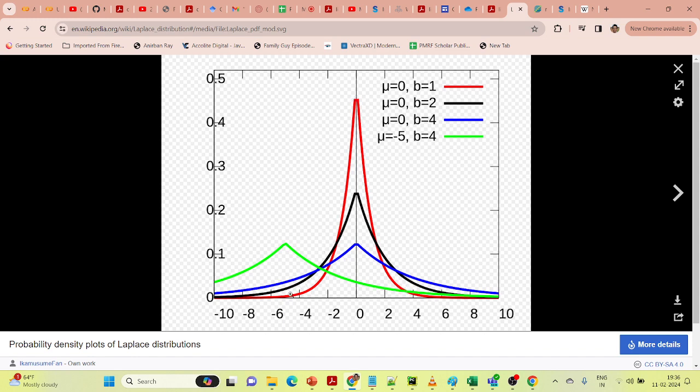So as you can understand, this is a much more powerful regularizer. So this is actually better, but I will tell it later. You can understand, for different values of mu and different values of b, how the distribution is spread.